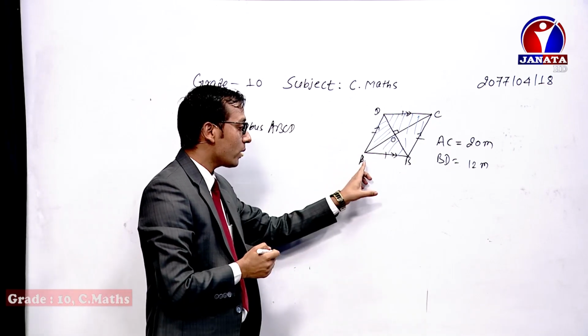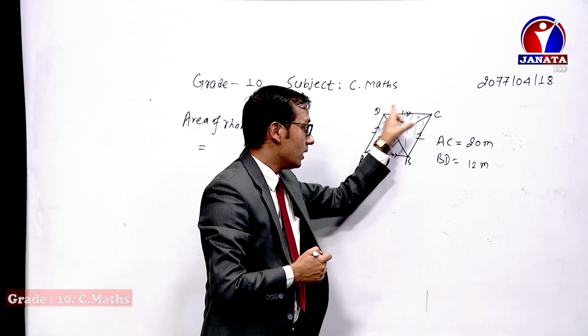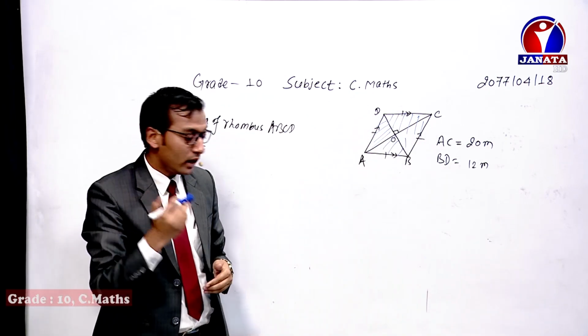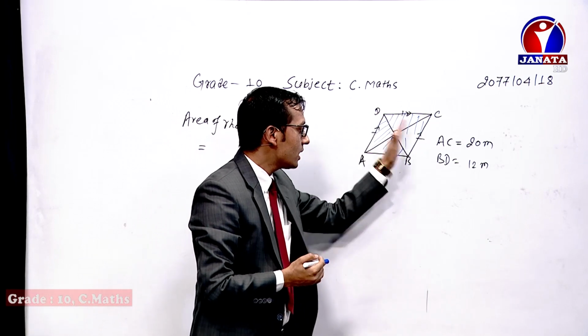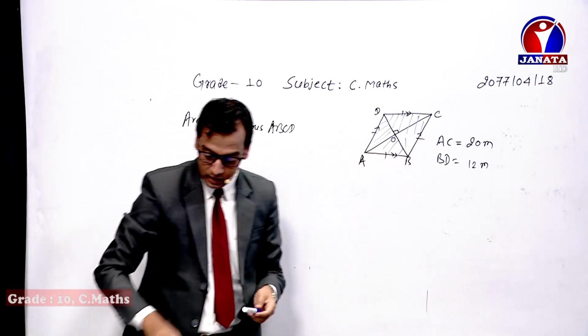If we add these 2 triangles ABD and BCD, we can obtain the area of rhombus ABCD.